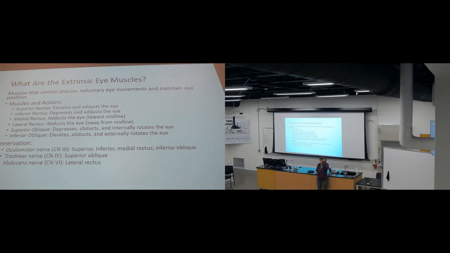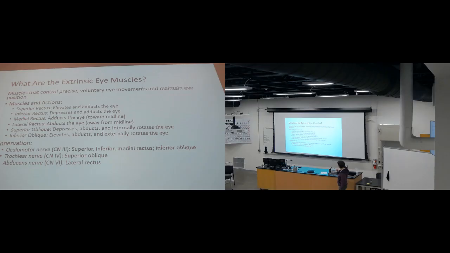For instance, to read, to drive, to find ourselves where we are without tripping. So they require a lot of precision and control. And we have several muscles. All of these are attached to the outer region of our eye that is called the sclera, and they are inserted into the bones of the orbit.